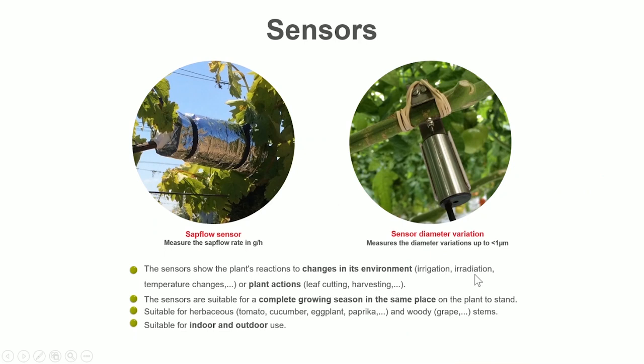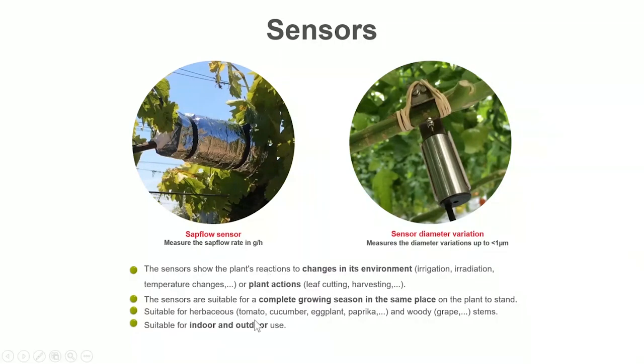Once installed, they can normally remain in the same place. However, the diameter sensor is sometimes prone to pushes. So it could be that you need to change it, but at the base of the plant, even in tomato where there are constant changes and lowering of the stems, normally they don't get a push. However, it sometimes happens.